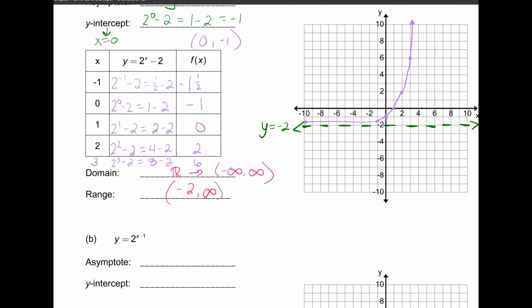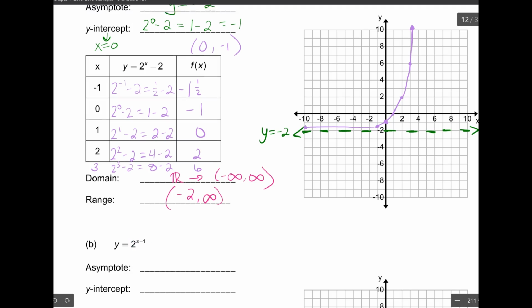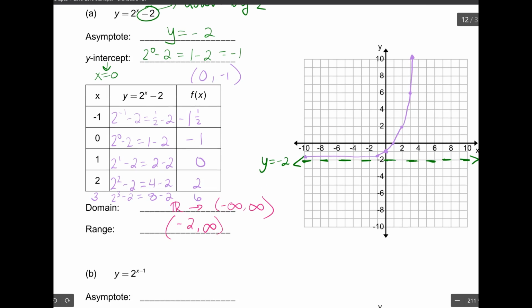Right. So we can go on to example B. How is example B different from the original example 1, where it was just 2 to the x? This is the horizontal, because notice it's inside the exponent. The minus 2 was outside the exponent, versus this one's actually inside.